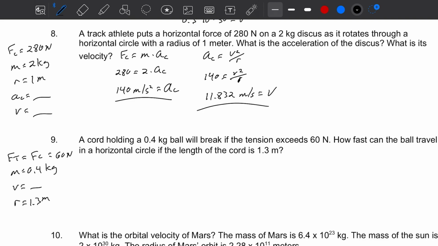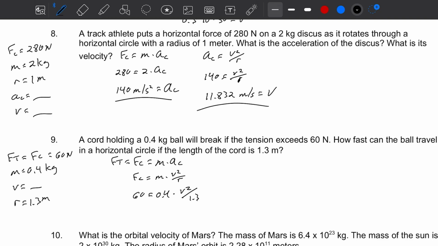Looking at this, I want to use Fc is equal to m ac and then change the ac to v squared over r. It would give us everything we're looking for and contain everything that we have. So Fc is equal to m times v squared over r. We know that 60 is equal to 0.4 times v squared over 1.3.